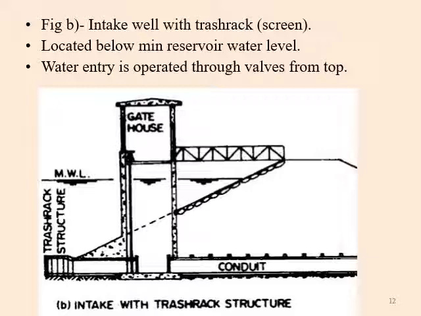Water entry is operated through the same valves from the top, which can be operated from the gatehouse. After opening at different levels, the water will pass through the screen to the intake well, and then flow through the conduit through the dam body.